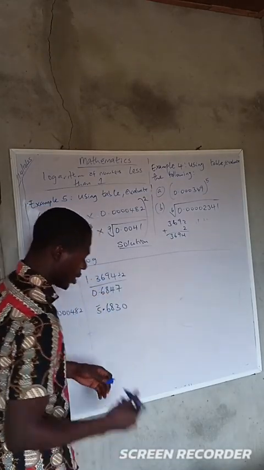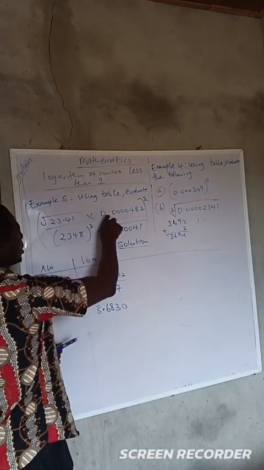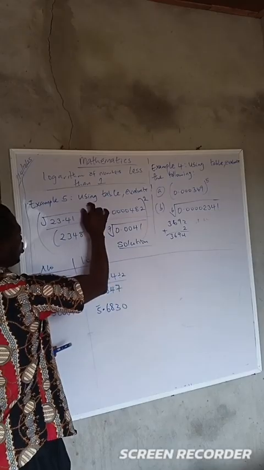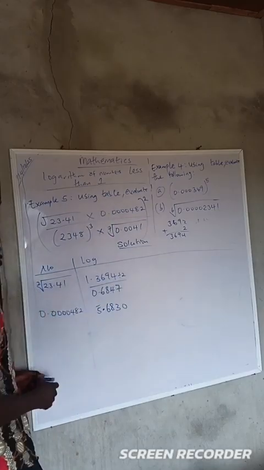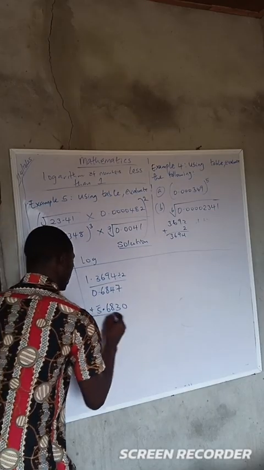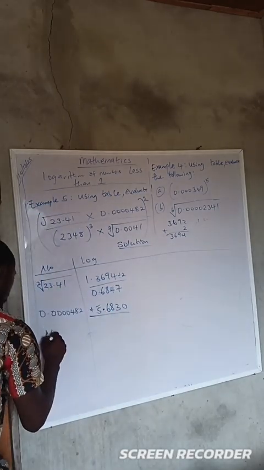Alright. Now we are done with what we have on the numerator, right? But look at the numerator. What separated the two numbers is what? Multiplication sign. So we need to add these two things together. So let's add. On adding, we can get our numerator value.